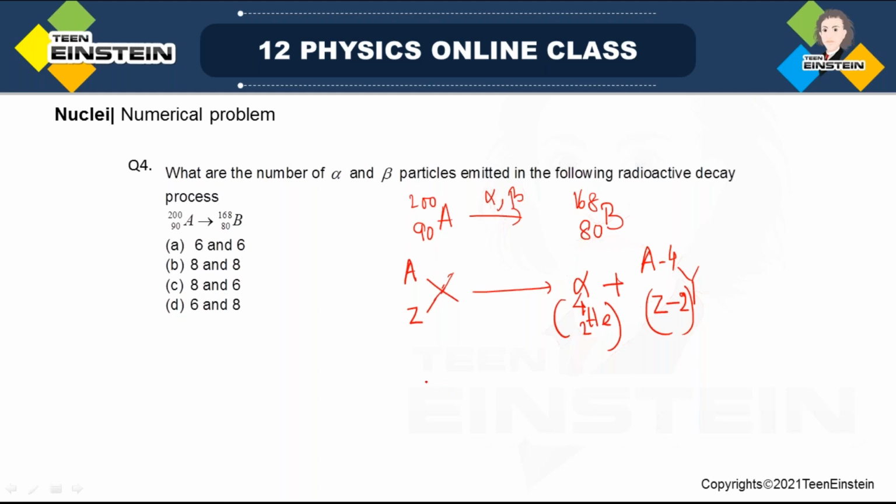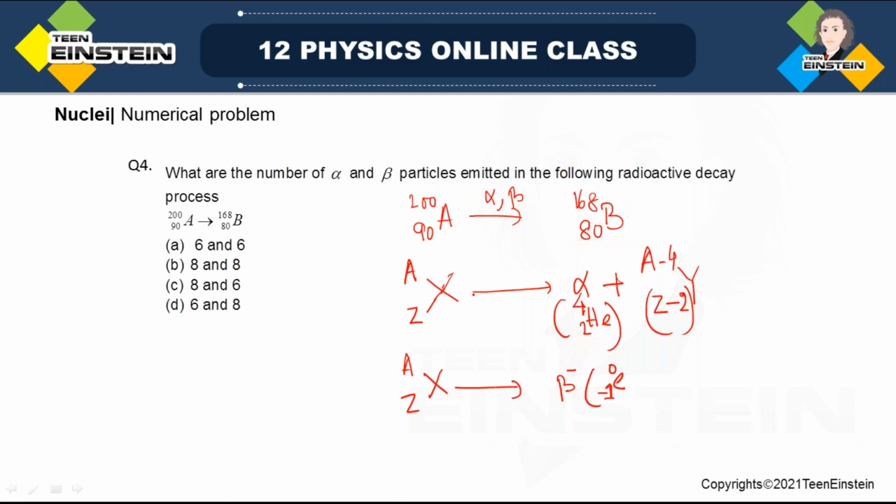Now let me write the same thing for beta decay. In general, when we say beta decay, it is beta minus decay, that you have to remember. Beta decay means a beta minus particle is getting out, and beta is nothing but an electron.